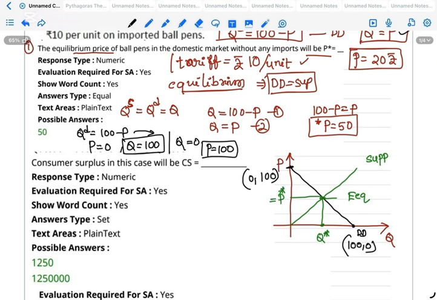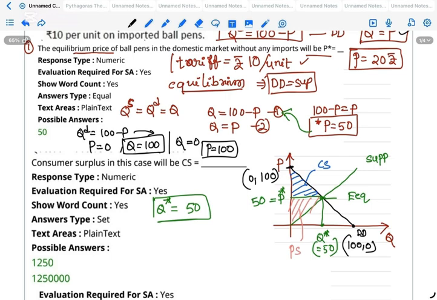From this equation, price equals 50, and Q star is also 50. Put P star in this equation and you get Q, which is also 50.